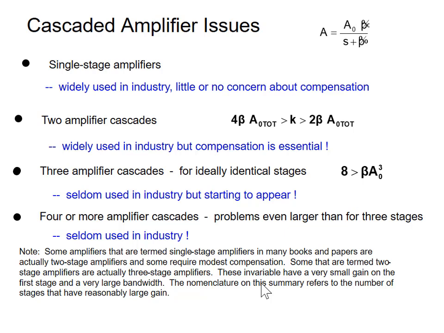Just a note here, this kind of summarizes where we're at. Some amplifiers that are termed single-stage amplifiers in many textbooks and papers are actually two-stage amplifiers. An example is that current mirror op amp. It's usually considered to be a single-stage amplifier. Another example is the cascode structures, the telescopic cascode amplifier. We treat it as a single-stage amplifier. It's really a two-stage amplifier.